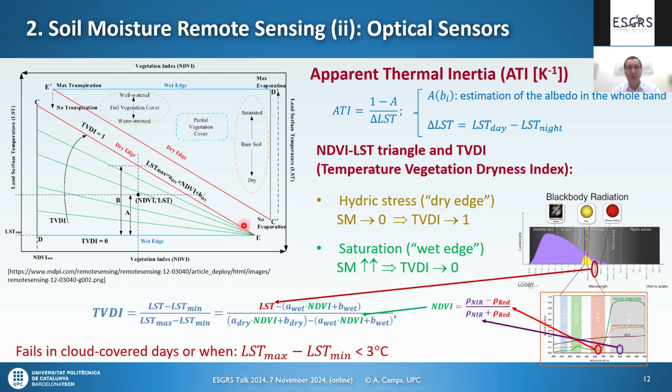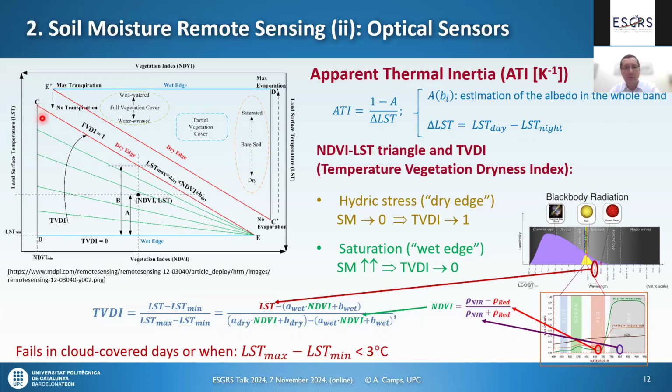When there is lots of water, the specific heat is higher, so the temperature excursion in the soil doesn't go that high during the day and doesn't go that low during the night. So the temperature excursion is smaller. So actually, through these formulas, people get a proxy of the amount of soil moisture on the ground.